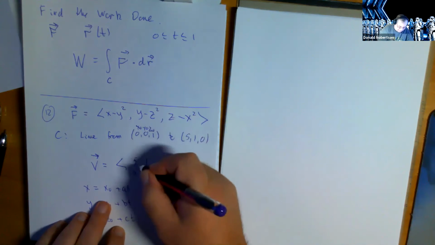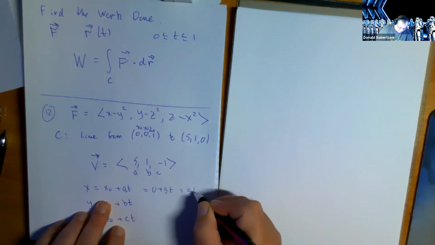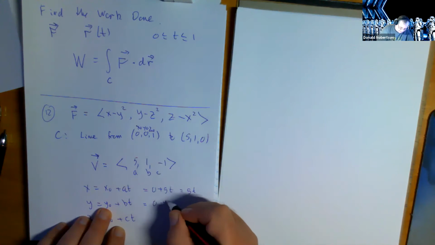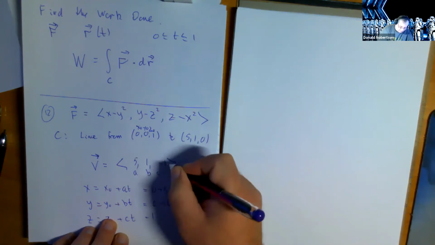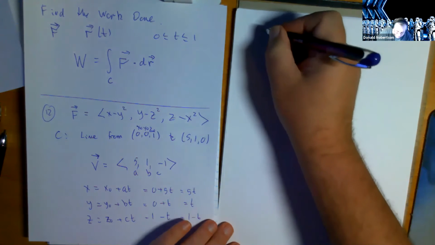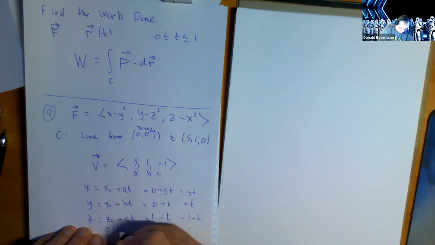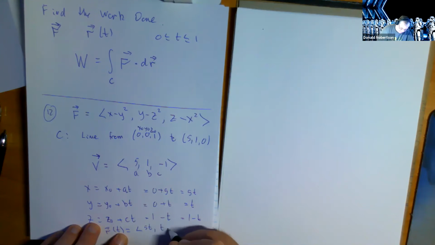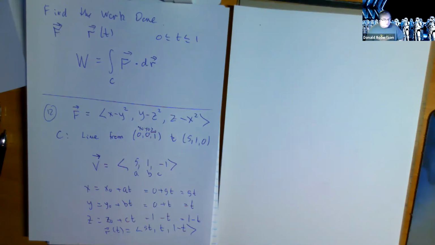In this case, 0 plus 5t, which gets you 5t, and 0 plus 1t, which gets you t, and 1 minus 1t. So we now have the parametric equation. I guess I could put it here. And it's going to be 5t, t, and 1 minus t. Are we okay with that?